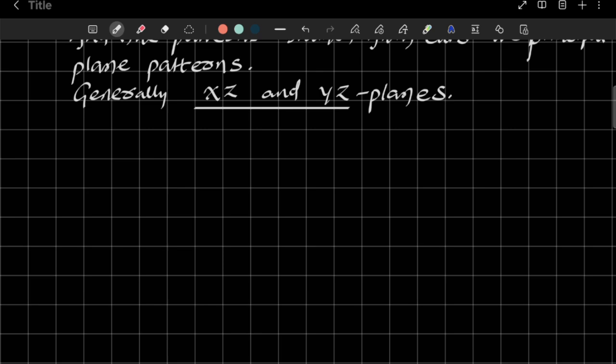If you take XZ cut, whatever the pattern you are getting, same pattern if you get by YZ cut also, then we can tell only one cut is enough. So for what type of patterns will these two cuts be same? For the symmetrical pattern. Okay, so single field component is sufficient.